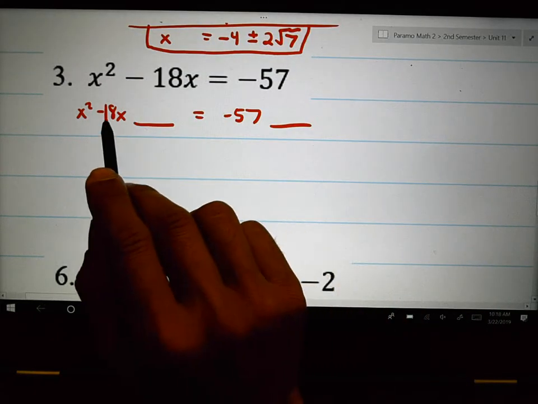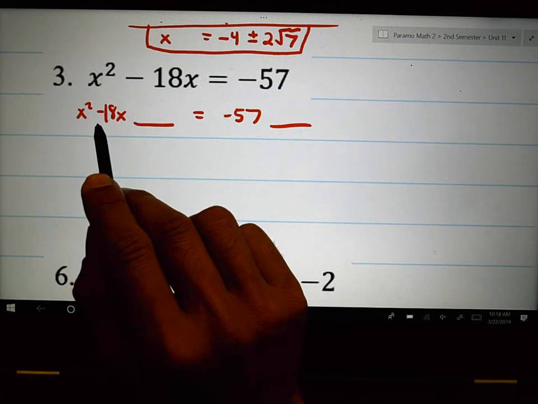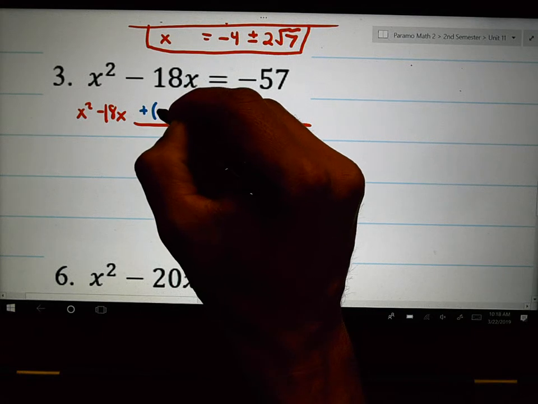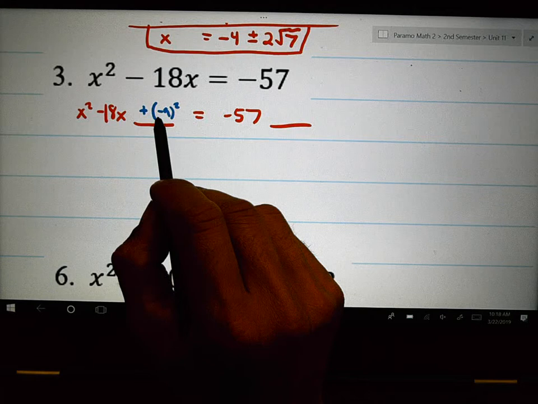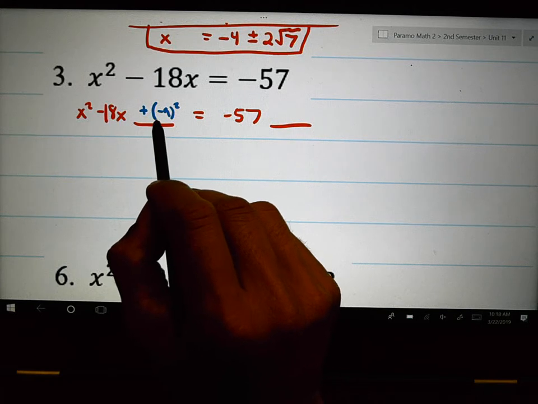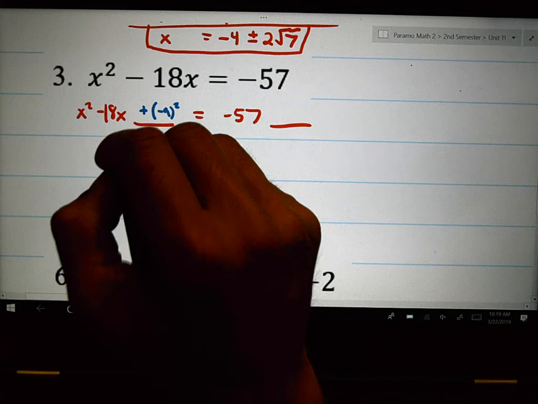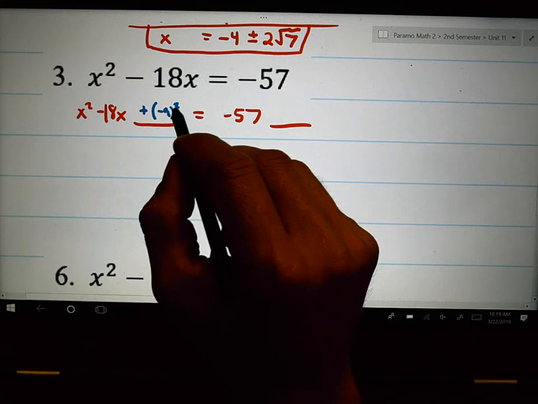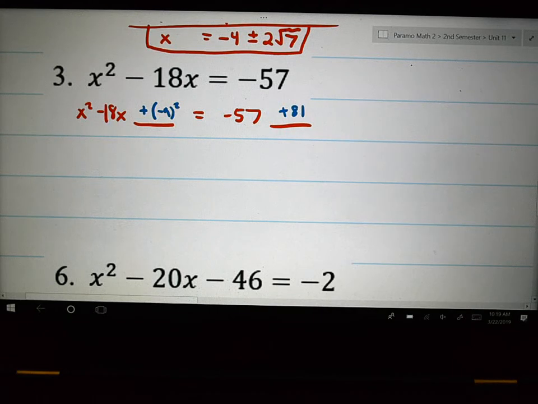Here's your B. We're going to add half of B squared. What I like to do is put plus, and then even if it's a negative, I usually will put that negative inside parentheses because then when I go to factor it, I don't forget to put the negative. But over here, negative 9 times negative 9, I simplify it over there.